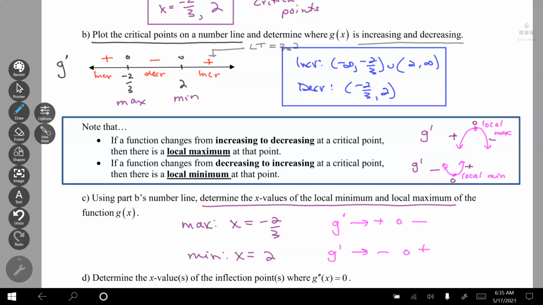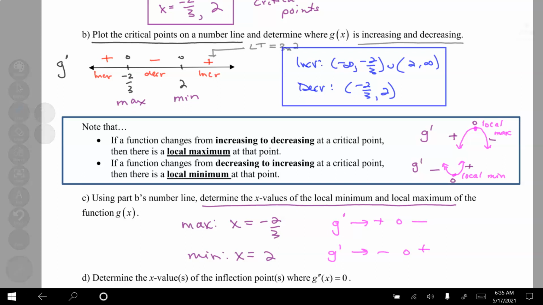Okay? The only way you could have a min or a max is if we change signs on our derivative. If you go positive, 0, positive, that's not going to be a min or max because it's increasing, 0, increasing. That's not changing direction.